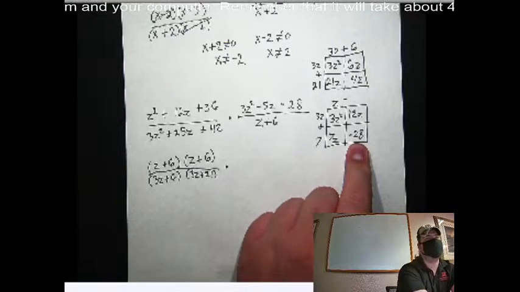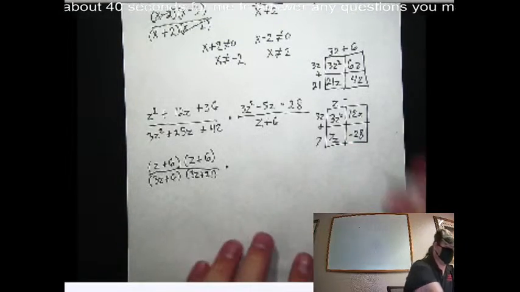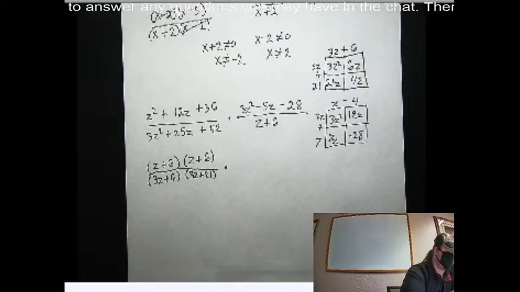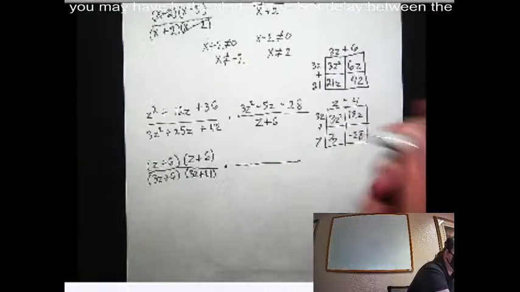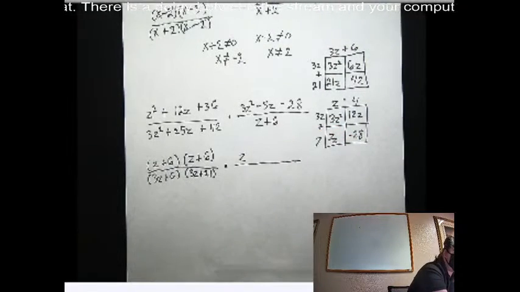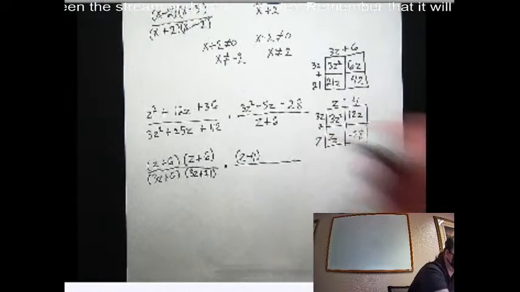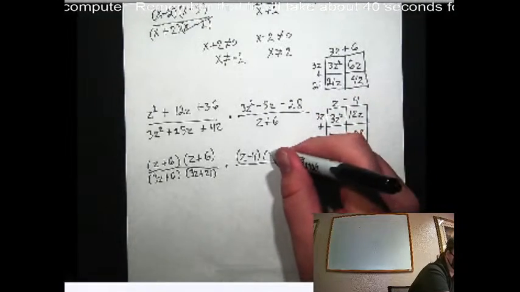Second column, yeah, 4. Okay? So, this one we have z minus 4, and this one is 3z plus 7.